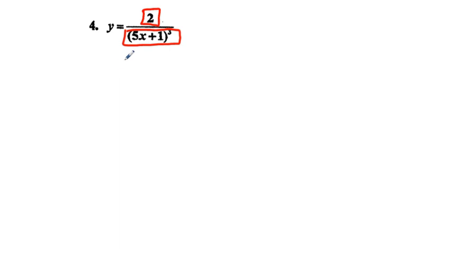But one thing we can do is rewrite this function as 2 times 5x plus 1, and we had the third power down here, we're going to make it the negative 3 power up here in the numerator. Okay?